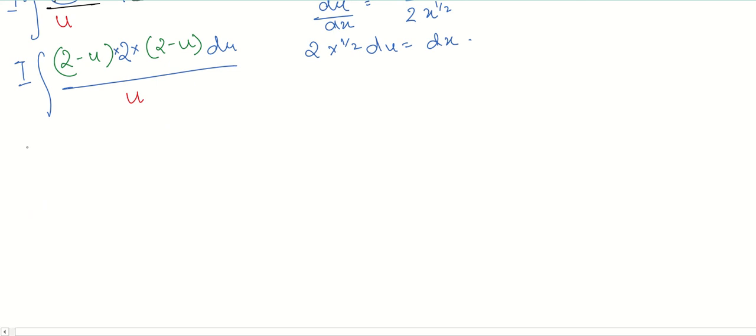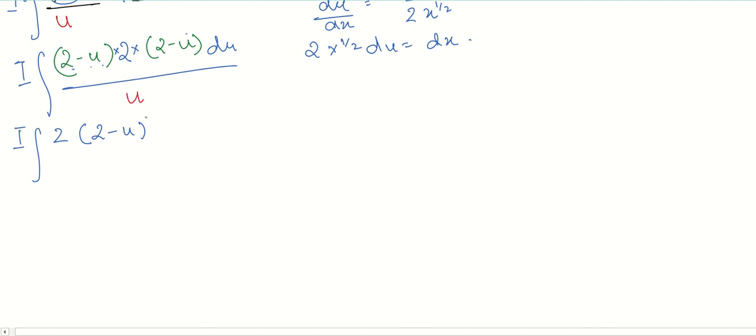So now what we can do is write I, the integral of that. The 2, you can bring it over here. You can see 2 minus u multiplied by it. You can multiply it with this, right? It's going to be 2 minus u multiplied by 2 minus u, in brackets. So it's basically 2 minus u squared. You're multiplying the same things, they both are the same basically.